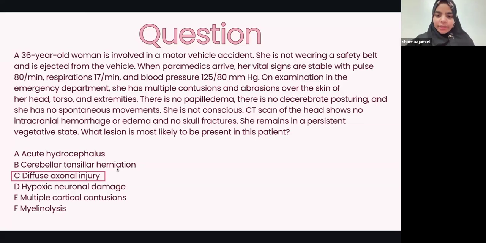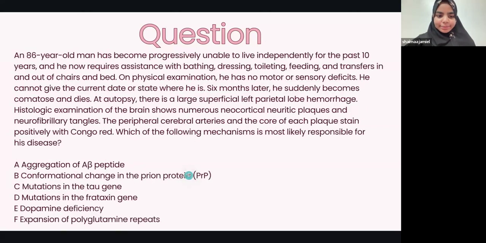CT scan shows nothing, and also there is no increase in intracranial pressure. Hypoxic neuronal damage doesn't really match the picture, especially with the motor vehicle accident, diffuse axonal injury. Cortical contusion, CT shows nothing. Myelinolysis, CT shows nothing. There's no demyelination in the brain. So the answer would be C in this case.